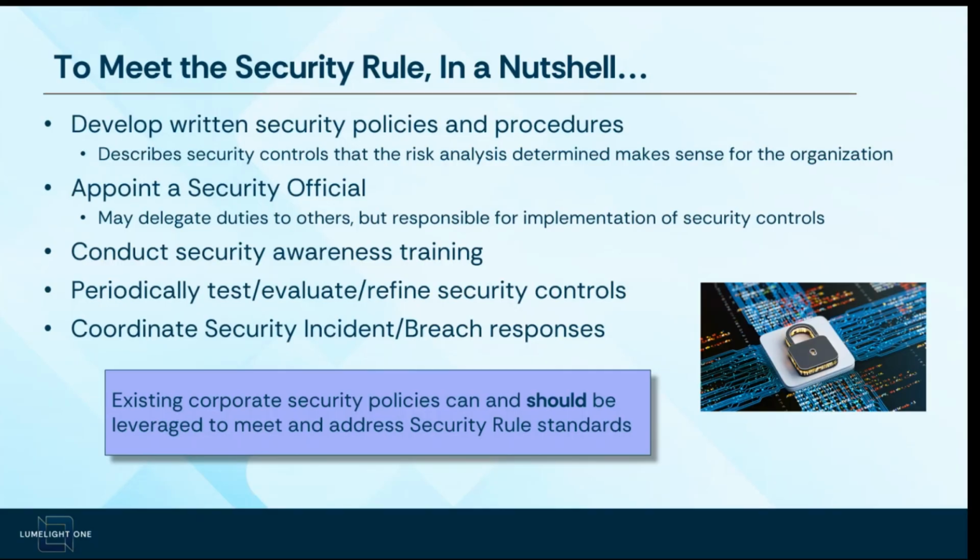For this purpose, it is good to realize that existing corporate security policies can be leveraged. The security rule also requires training, but rather than HIPAA-specific training, this is security awareness training, which is much broader and can include things like phishing or scam identification.